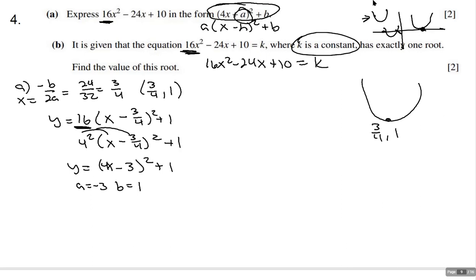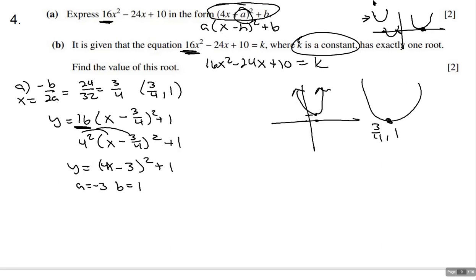So in the scheme of things, it's going to look something like this. All right? Now, if it's going to only have one root, well, then what's going to happen is that it has to go down by 1. So it's just touching the x-axis at one spot.